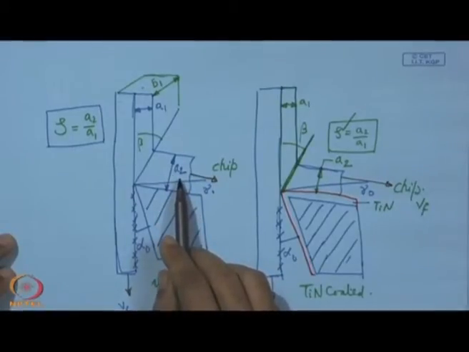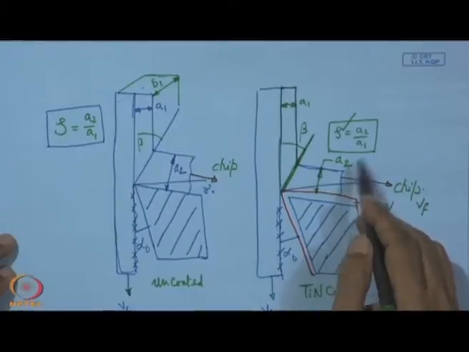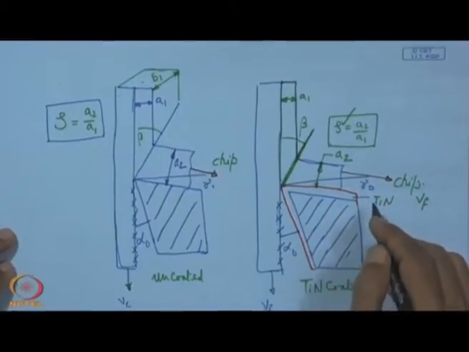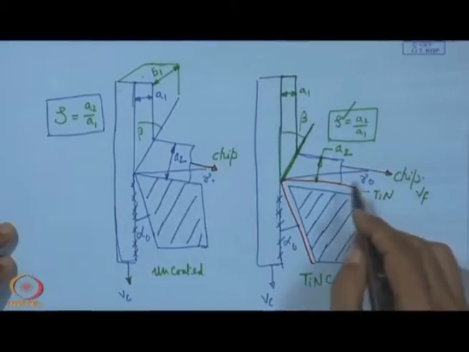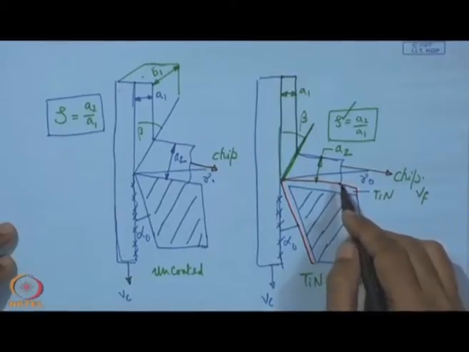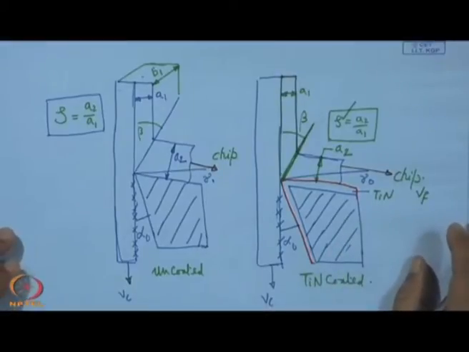So, a lower value of A2 is a good sign, that means machinability has improved. Here we expect that this TiN is going to improve machinability just by reducing the welding characteristics, by putting this anti-welding characteristic over this, and this is some sort of inertness, and that goes in favor of machining.